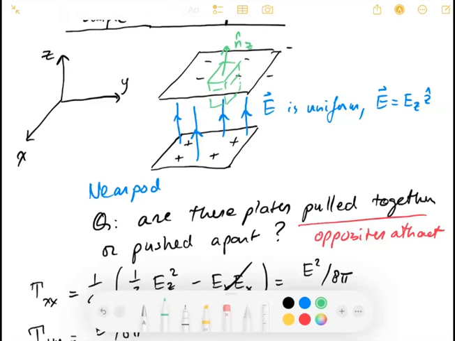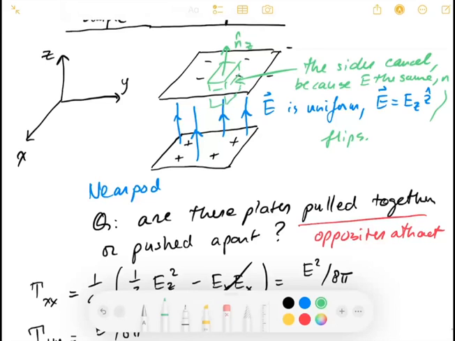Okay, so the sides cancel because E is the same and n flips.